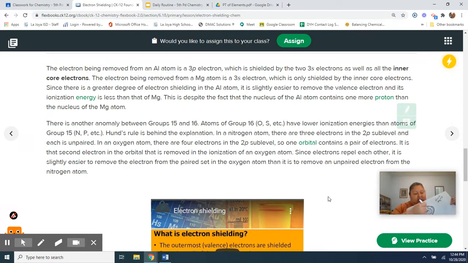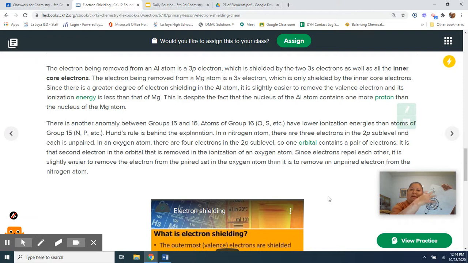Because remember, for aluminum, you have this electron right here. It's got extra shielding. It's got the inner electrons, and it's got the s orbital protecting and blocking the nucleus. So it's easier to get rid of this electron than it would be for magnesium because it's got extra shielding. Does that make sense?